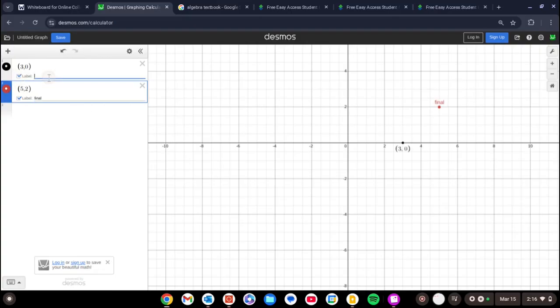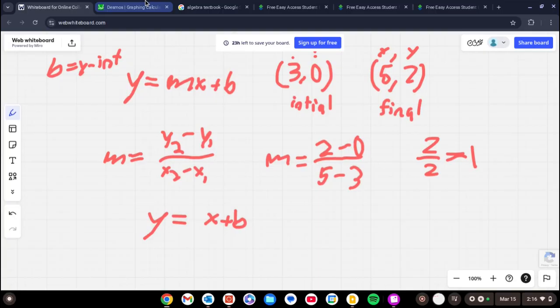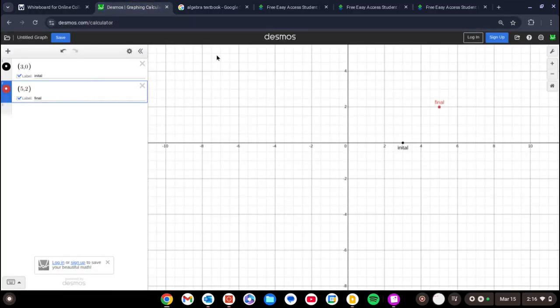So here's our 2 points, and we determined that the slope is 1. And if you remember rise over run, we can remember that if our slope is 1, our rise will be 1, and then our run will be 1.